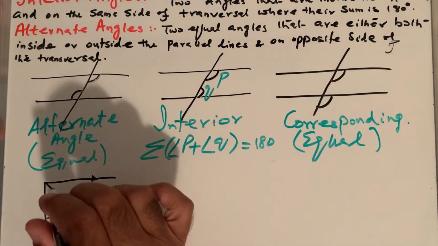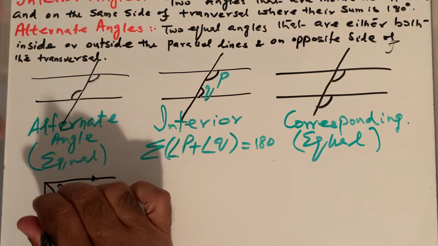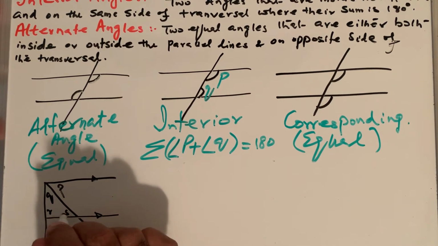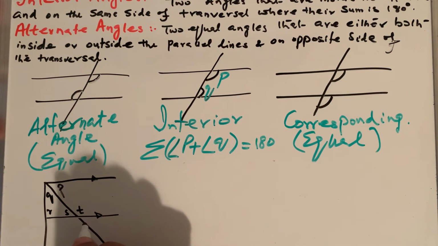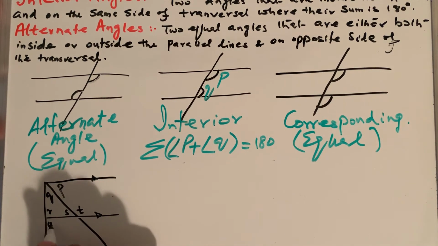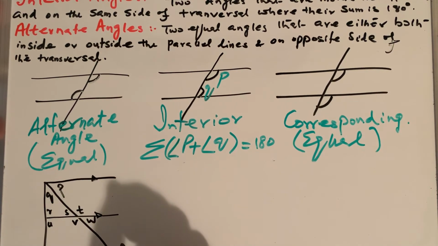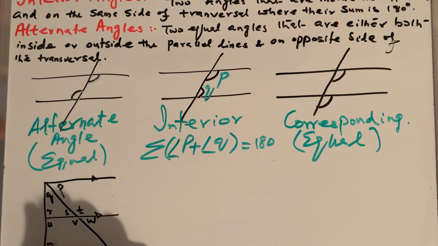So now the different angles here are: P, angle Q, angle R, angle S, angle T, angle U, angle V, angle W, X, Y. We can put any alphabet, that doesn't matter.